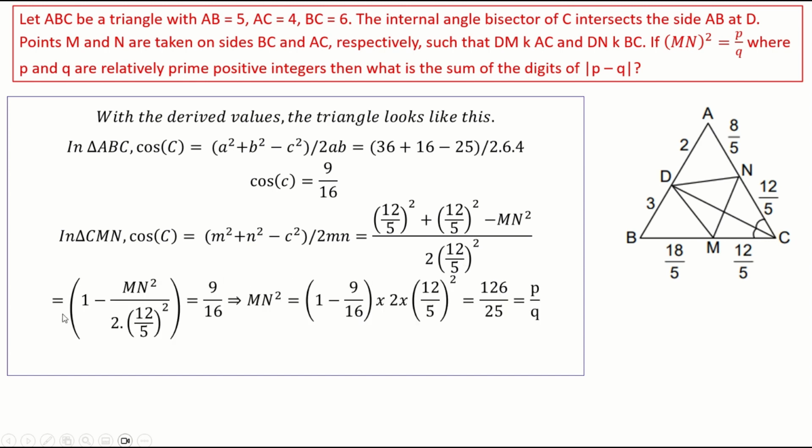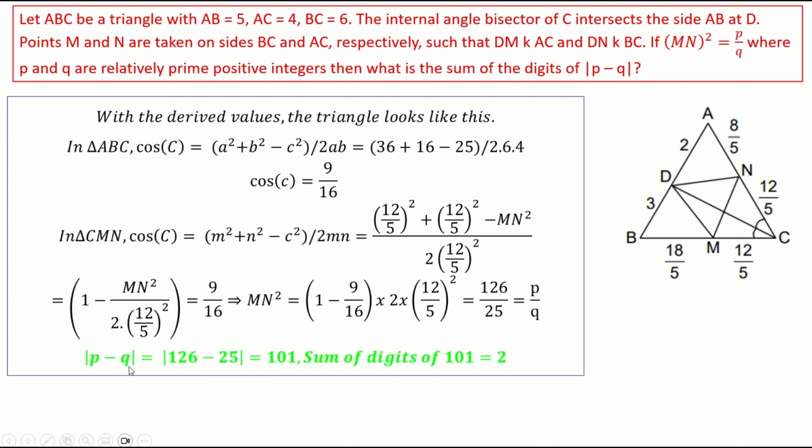So with this, if you simplify, what you will get is MN square equal to (1 minus 9 by 16) into 2 into (12 by 5) whole square, which is equal to 126 by 25. That is equal to P by Q, right? 126 by 25 is MN square, in P by Q form.